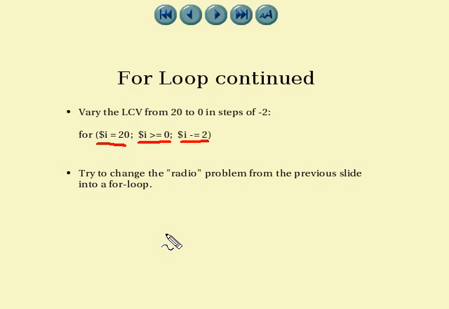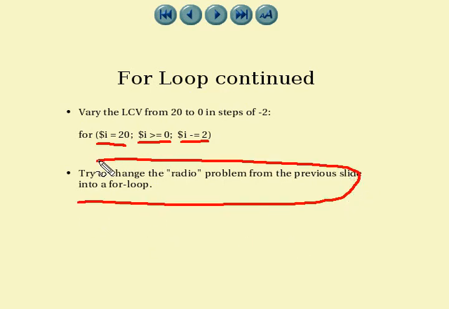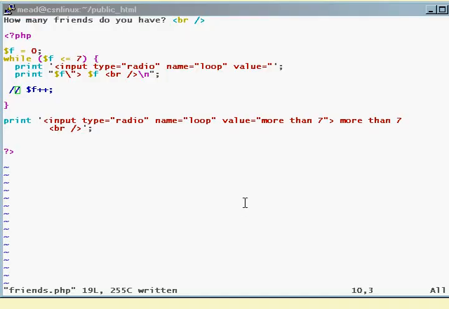All right, so the problem here is to try to change the radio problem from the previous slide into a for loop. Well, that should be pretty easy. This is friends, right? What I'm going to do here is in this friends program, I'm going to write it as friends3.